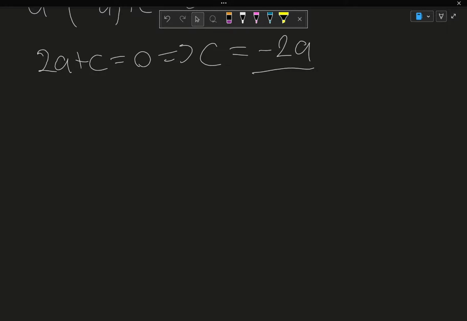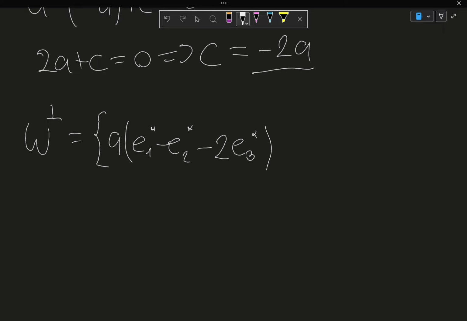But how do we write the solution? Well, in my personal way, I prefer the notation as V perpendicular is equal to the set of vectors which has the following structure: A times (e1 star - e2 star - 2 e3 star) for some A in R. How do we get this form?